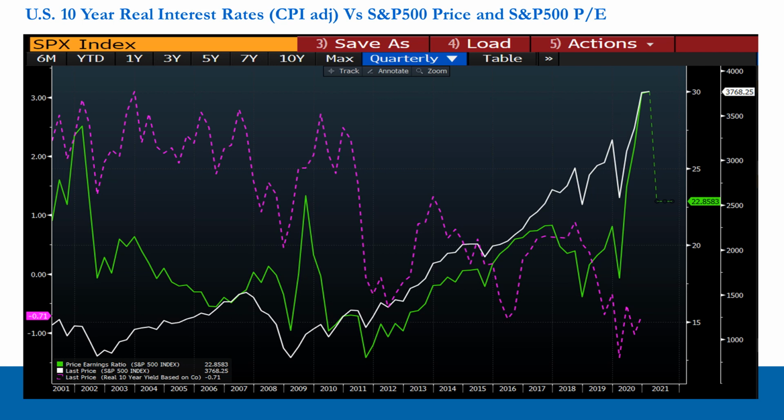So if you look at this chart on the screen here, you'll see in the bottom left-hand corner a key. And there are 3 lines on the chart, okay? Have a look at the key in the bottom left-hand corner. At the very bottom, and denoted in pink on the chart, we have the last price of the real 10-year yield.